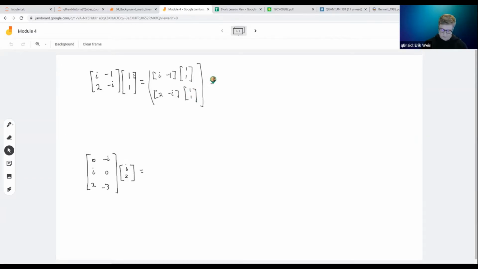And as we saw yesterday, for the inner product of two vectors, we take the first element of the first vector times the first element of the second vector, which in this case is I minus I. And we're going to do the same thing with the second inner product, 2 minus I. And we get the following vector, 0, 2 minus I. Does everyone see how we did that? Any questions on that?